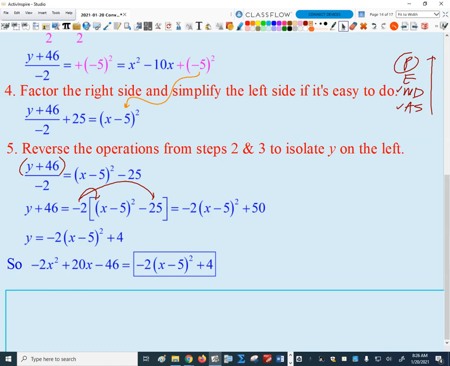But there's another reason for this, and that is that this is a technique, completing the square, that we're going to leverage next unit as one way of solving quadratic equations. So I'm showing it to you now because it has a context in what we're talking about, but also because you're going to see it again, and so you already will understand it when we get there. It's kind of a double whammy.